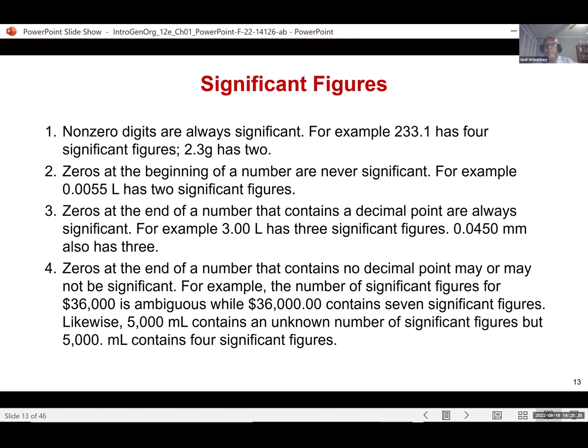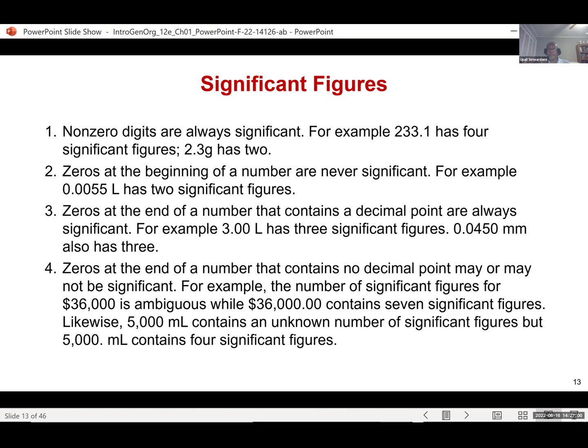What about trailing zeros before the decimal place? Let me take an example, 4,000.